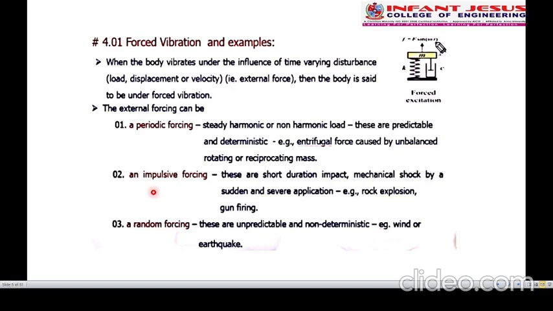For example, if you have a rock explosion, immediately there will be an external force, the vibration will be large, and then it will stop and go to zero. Another example is gun firing: the amplitude is very high at that point, then it goes to zero. That is an example of impulsive forcing.